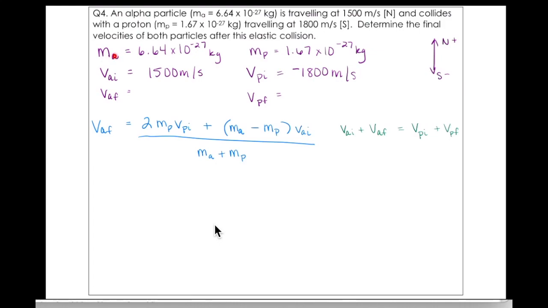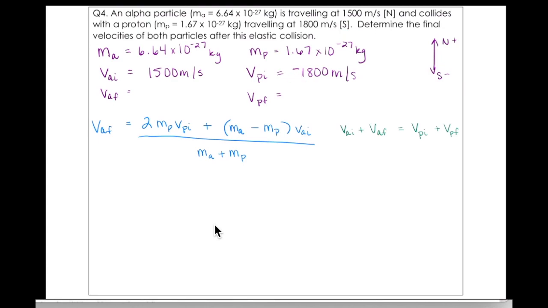For my alpha particle, I put down the mass, and my initial velocity is positive, 1500 meters per second, because it was going north. For my proton, I put down the proton mass and its initial velocity, which is negative because it is moving south.